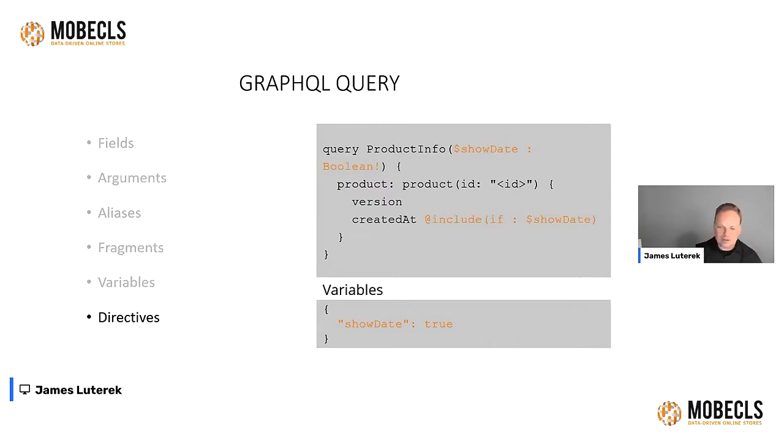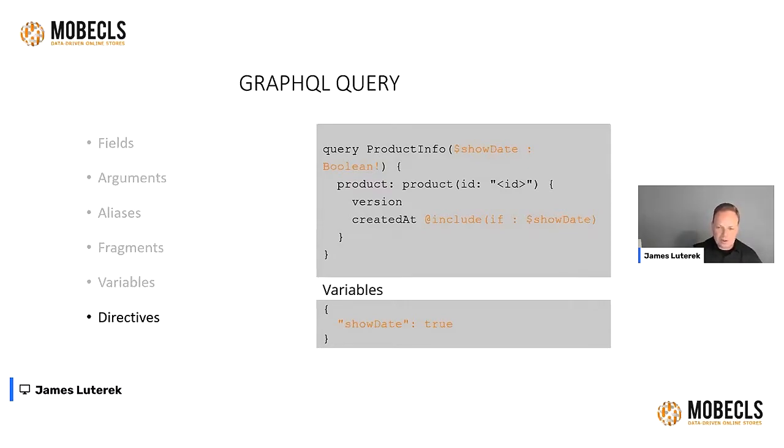If there are any other JavaScript programmers watching, it's worth calling out that everything in GraphQL is actually typed. So you can see that that showDate variable is marked as a Boolean. And the exclamation point in that syntax means that it's a required item for passing into that query.